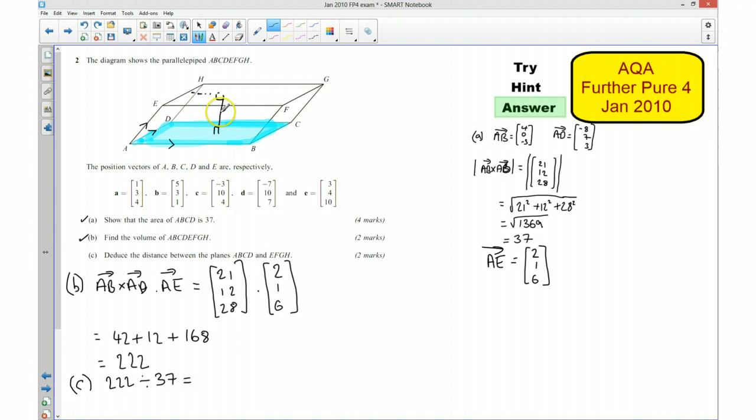That should tell me the perpendicular height, and 222 divided by 37 is 6. And there you go, there's our answer for part C.